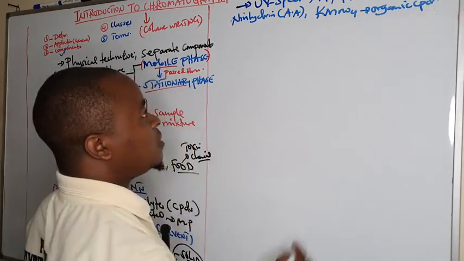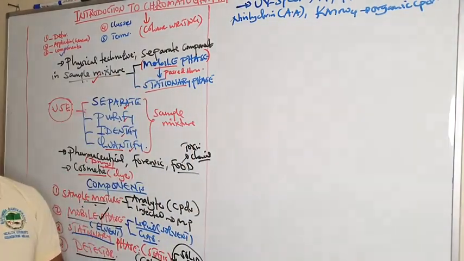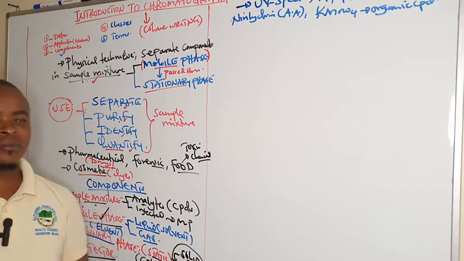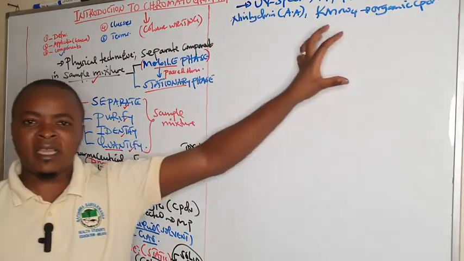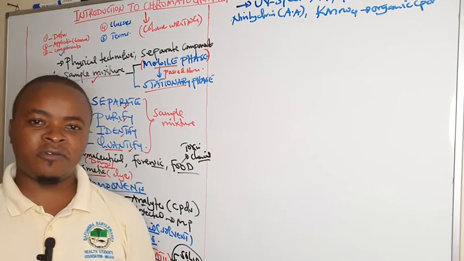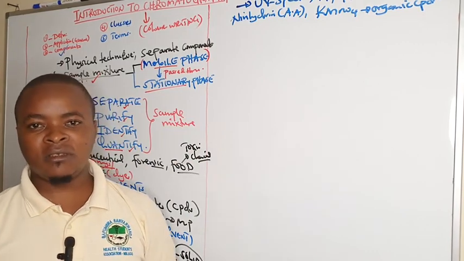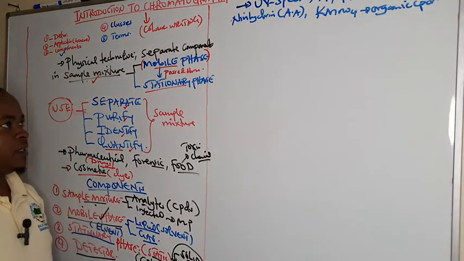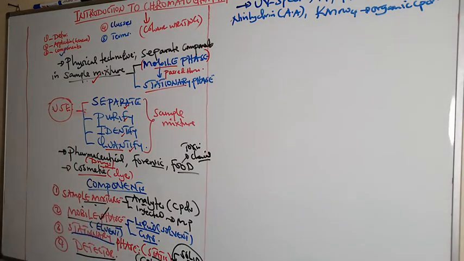All these can be used as a detector system either to visualize or quantify the amount of the analyte within the sample mixture after being eluted via the stationary phase. So these are the components we can talk about.